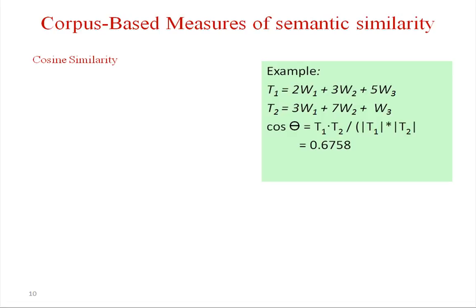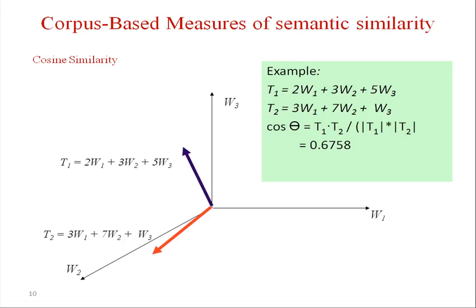Now, another corpus based measure of semantic similarity, which I already discussed, is cosine similarity. How do we calculate the cosine similarity between two documents? Suppose document 1 contains 2 times word 1, 3 times word 2 and 5 times word 3. Document 2 contains 3 times word 1, 7 times word 2 and 1 time word 3. Then how can we calculate cos theta? There are two techniques.